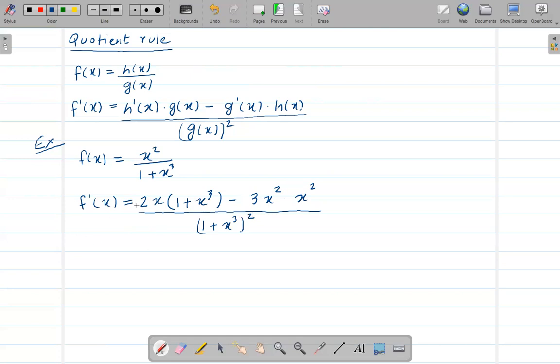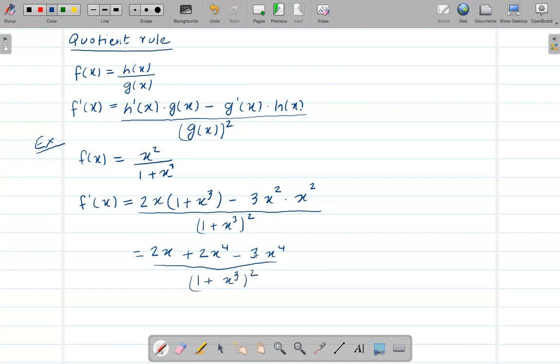Now after this, it looks like I can just distribute this 2x to these two terms, right? So then I get 2x plus 2x to the power 4 minus 3 times x squared times x squared, which is simply x to the power 4, over 1 plus x to the power 3 squared.